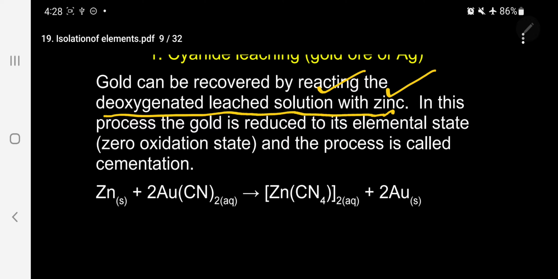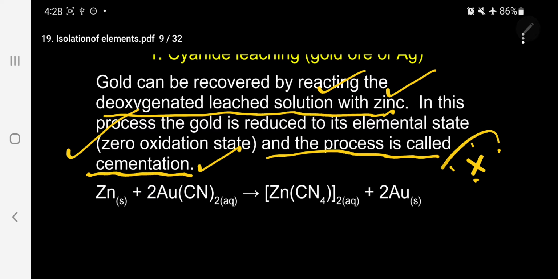After that, gold or silver is converted into a complex. Then we treat the deoxygenated leaching solution with zinc. In this process, gold or silver is reduced to its elemental state, zero oxidation state, and the process is called cementation. Please follow. The process is called cementation.